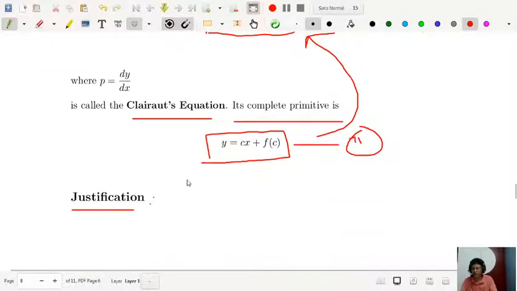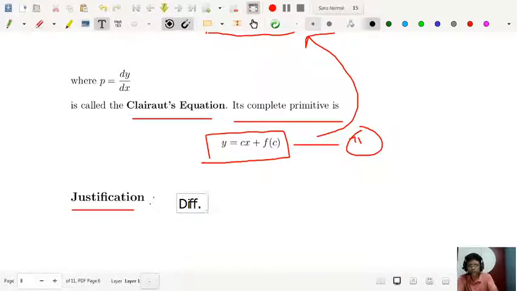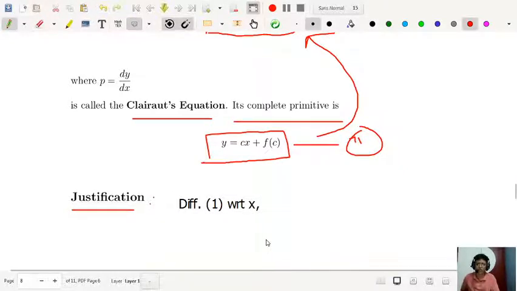Let us differentiate the given equation with respect to x. I am differentiating equation 1 with respect to x.